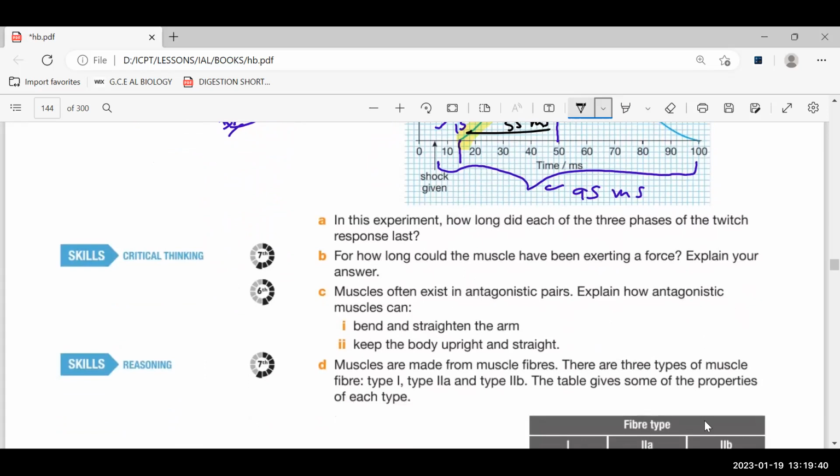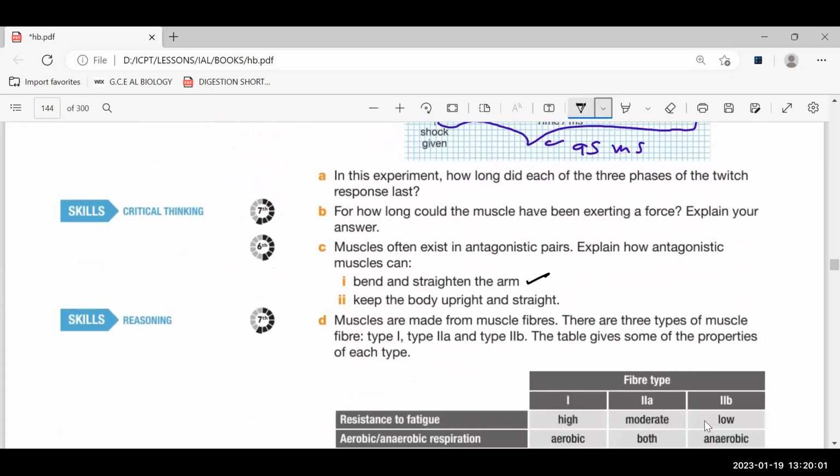Muscle often exists in antagonistic pairs. Explain how antagonistic muscles can bend and straighten the arm, and keep the body upright and straight. I think this is the same. The bicep and tricep contract and relax.